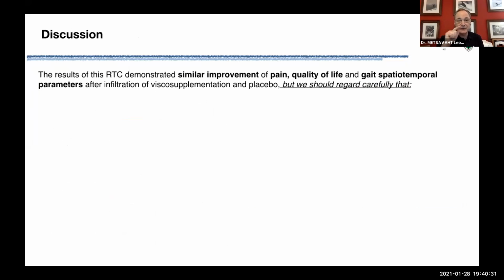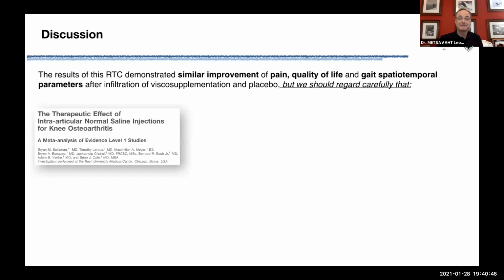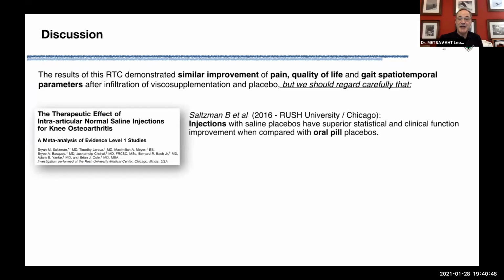So the results of this trial demonstrated a similar improvement in pain, quality of life, and gait spatial parameters after infiltration of viscous supplementation and placebo. But we should regard this carefully, because injections with saline placebos have superior statistical and functional improvement when compared to oral pill placebos.